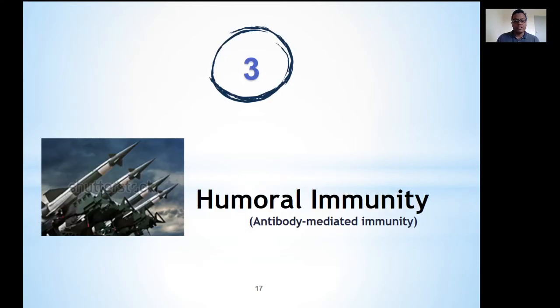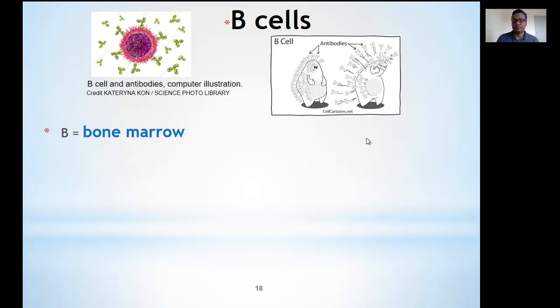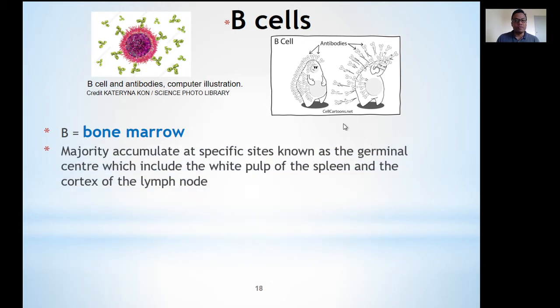The third part of this lecture, which we will talk on the humoral immunity or antibody-mediated immunity. The main character of humoral immunity is played by the B cells. B comes from the letter B for bone marrow, where they are produced and also become immunocompetent.